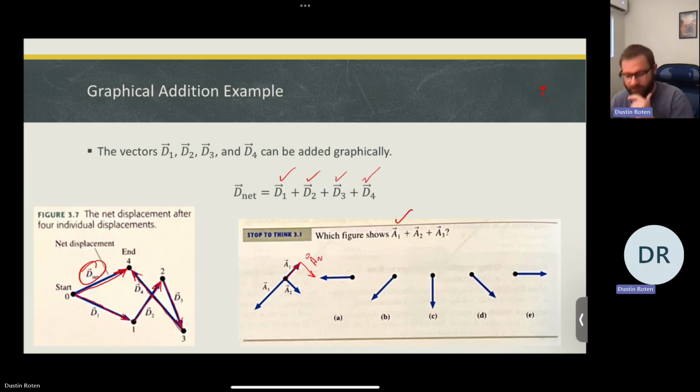Okay, so I've added A2, I've just slid it up essentially. Okay, now I need to add A3. So now A3 is going to come down and be about right here. So notice I'm just sliding these across the page.